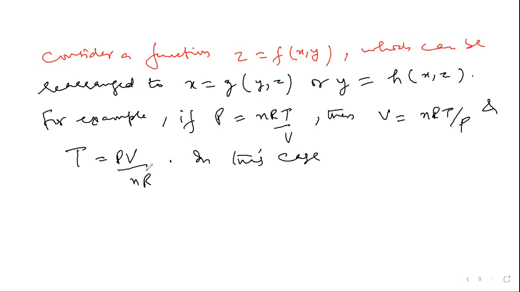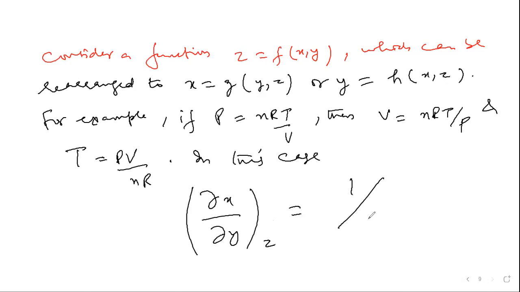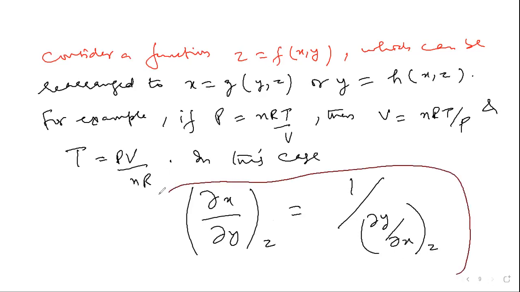Now, in this case, dou x by dou y, keeping z constant, is equal to the reciprocal of dou y by dou x, keeping z constant. Let me encircle it. This is a property.